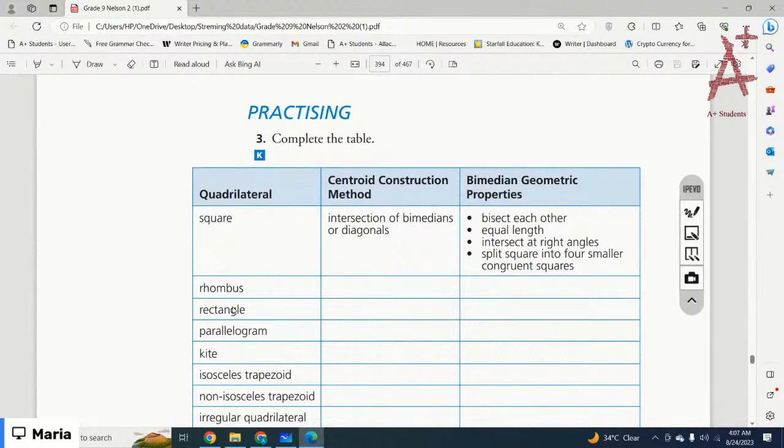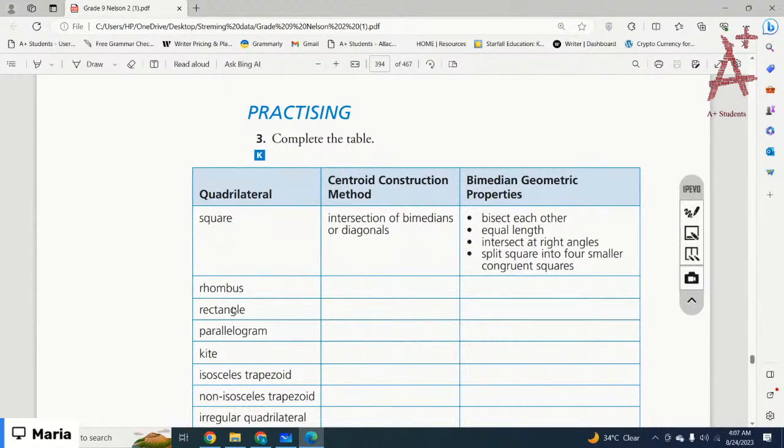Okay, so about the rhombus. A rhombus has the same side lengths. The centroid is then the intersection of the bimedians, as with the intersection of the diagonals. So just like diagonals, the bimedians of a rhombus intersect at an angle of 90 degrees; they are perpendicular.